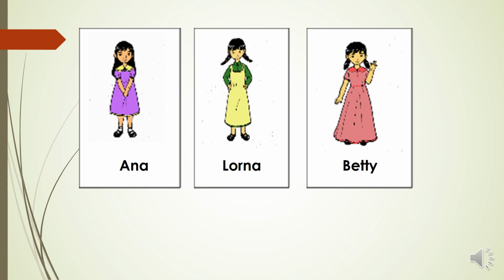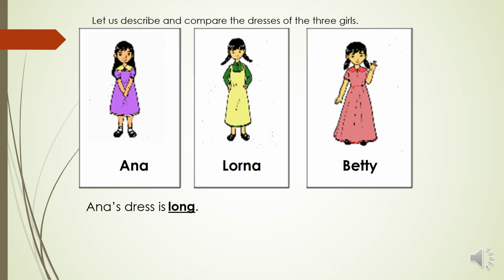Let us look at these three girls. We have Anna, Lorna, and Betty. Let us describe and compare the dresses of the three girls. We can say that Anna's dress is long. Lorna's dress is longer than Anna's.